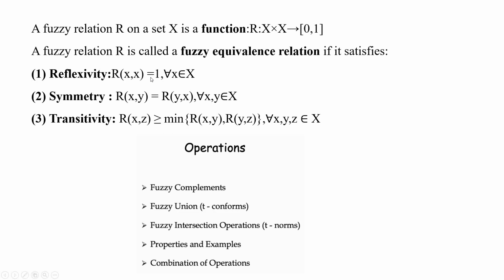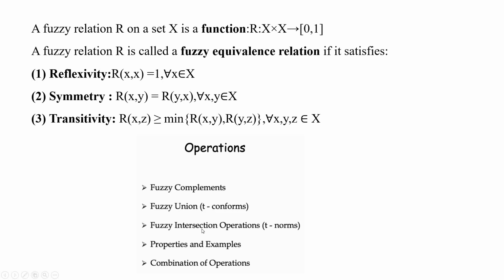So R(x,x) should be 1 and R(x,y) should be the same as R(y,x) for all x, y in X, here for all x in X, and R(x,z) should be greater than or equal to min of R(x,y) and R(y,z). These are all values. So you must have this one to be greater than or equal to the minimum of these two.